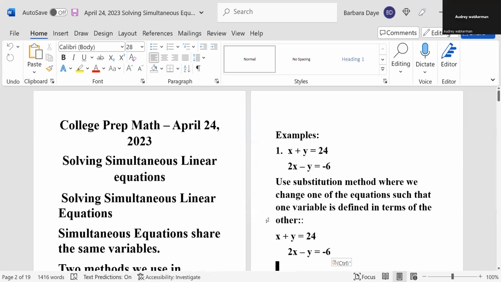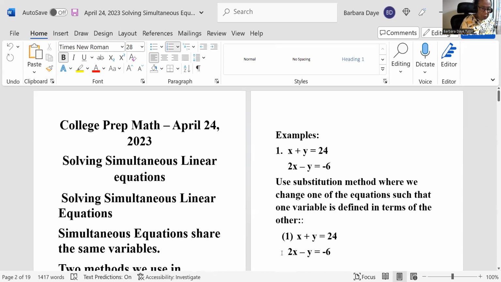Okay. Now, this we'll call equation 1. And this one we will call equation 2. Just so we don't get them mixed up. So what we can do is take equation 1 and solve it for x or y, and then substitute that value in the second equation.